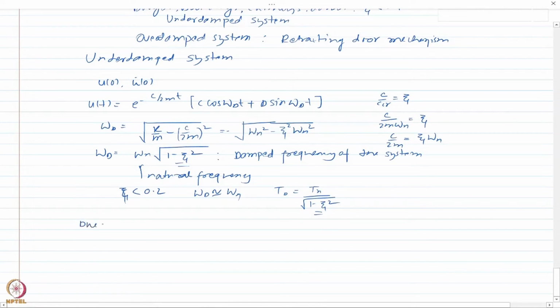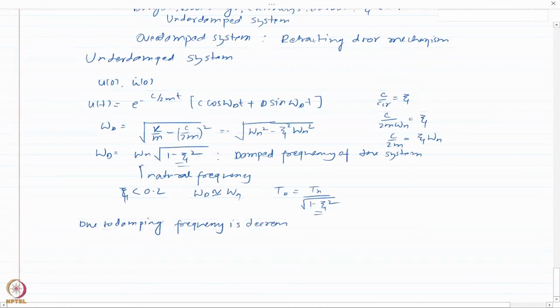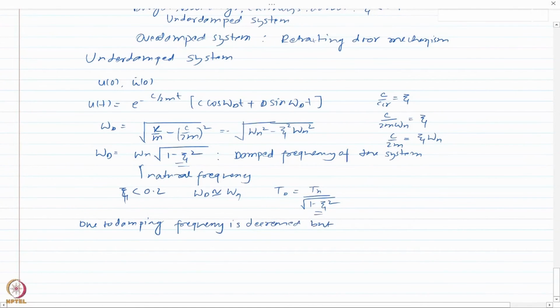So due to damping, my frequency is decreased, but the time period is increased, by whatever small amount it may be. Because as I said, if zeta is smaller than 0.2, the damped frequency is approximately equal to the undamped natural frequency.